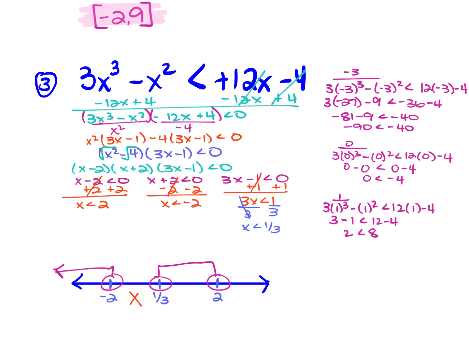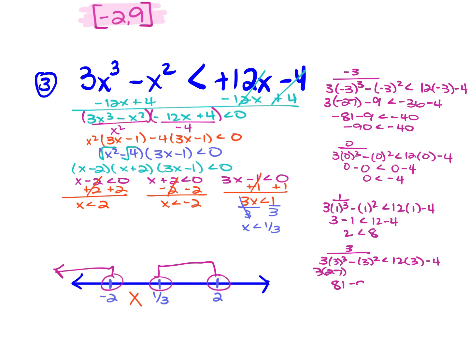For a number greater than 2, pick a number greater than 2. That's easy. 3. Positive 3. So this is going to give us 3 times 3 cubed minus 3 squared is less than 12 times 3 minus 4. We said that 3 cubed is 27 times 3 is 81.